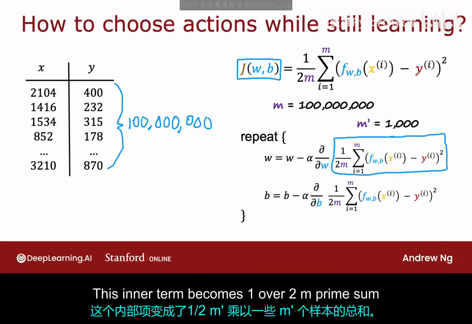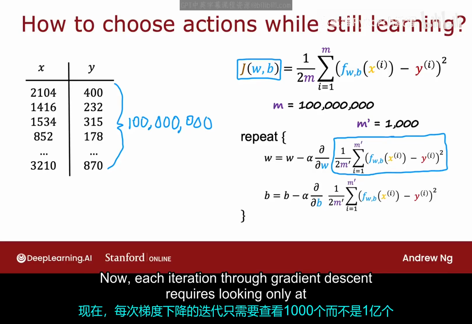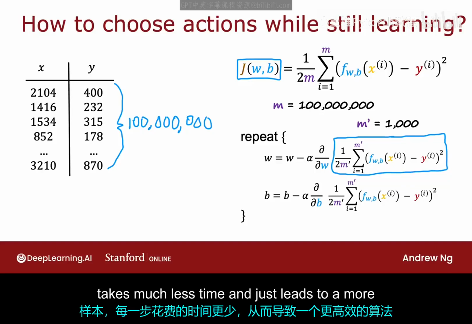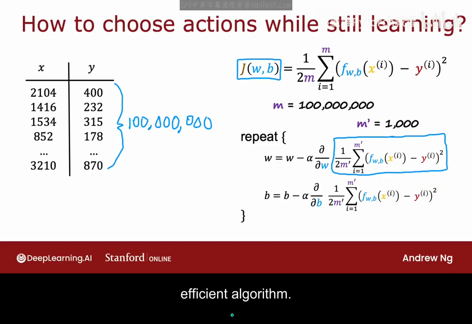And so this inner term becomes 1/2m prime sum over some M prime examples. And so now each iteration through gradient descent requires looking only at 1,000 rather than 100 million examples. And every step takes much less time. And this leads to a more efficient algorithm.